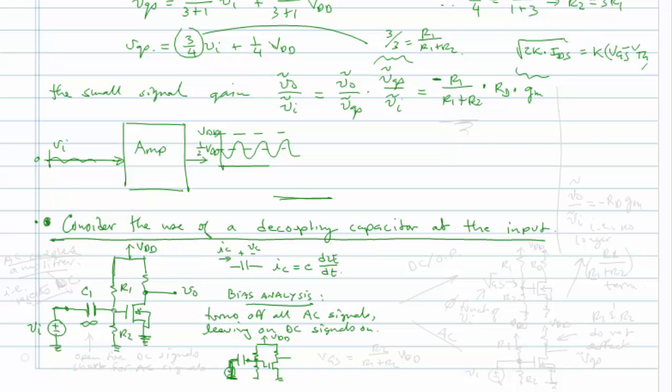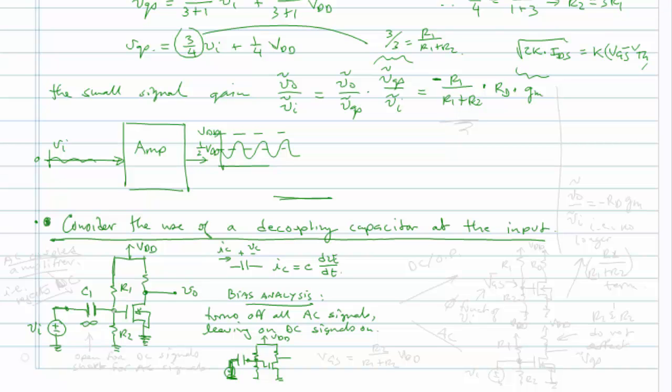Or I should say the current flowing into the capacitor will be very small, because as the voltage on the capacitor rises, there will be a rising voltage across R2, and so the current flowing down through R1, instead of flowing through the capacitor, will flow through R2. At some point, although it might take infinite time theoretically, the current flowing through the capacitor will go to 0.